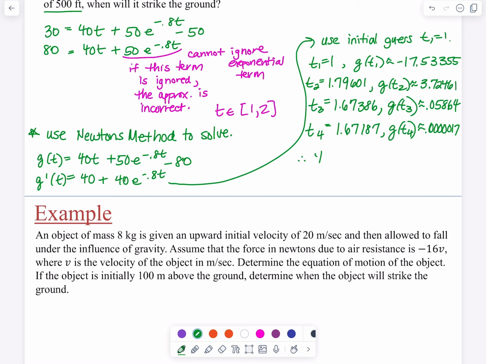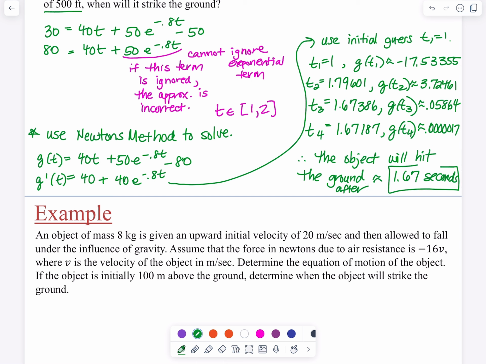So therefore, the object will hit the ground approximately 1.67 seconds after release. Okay.